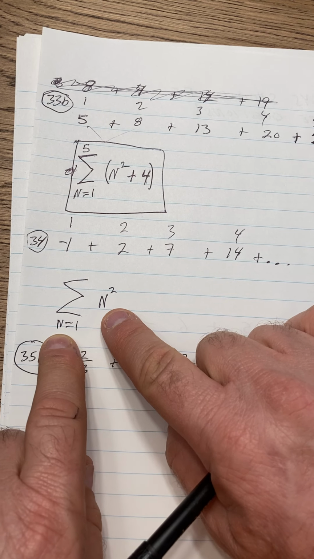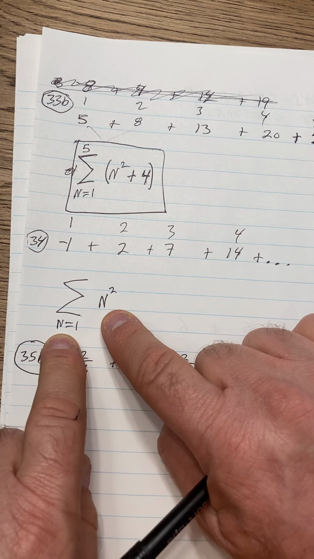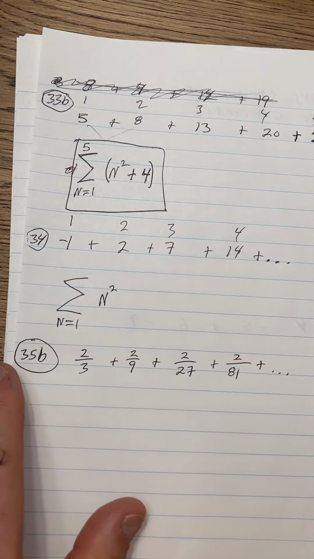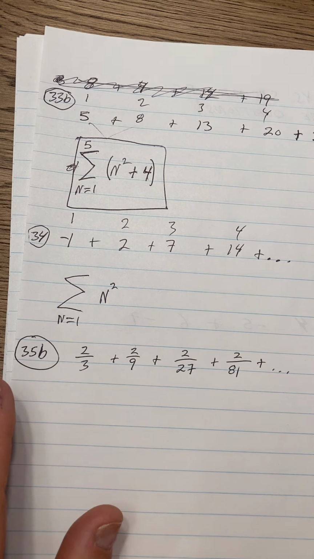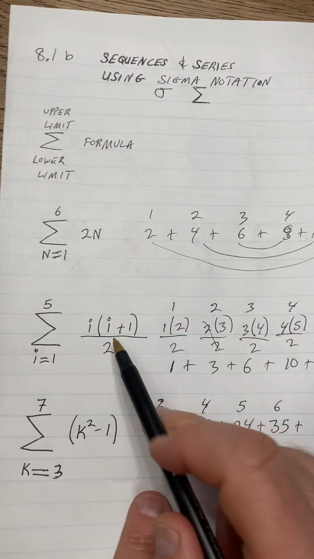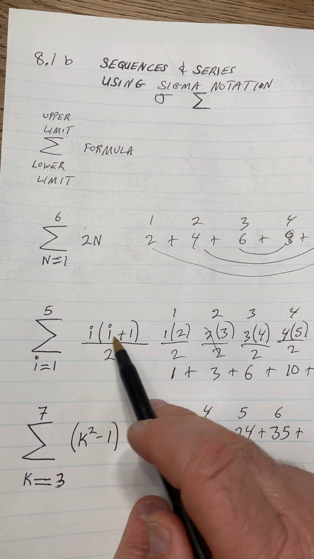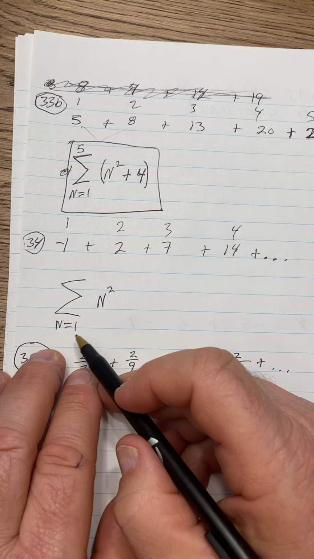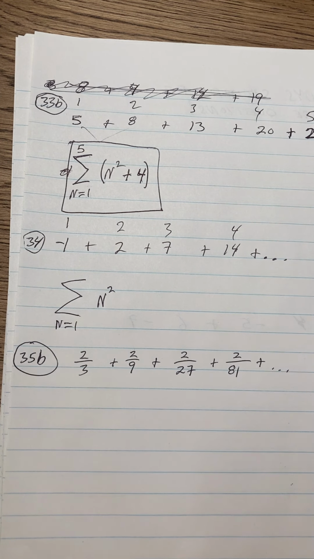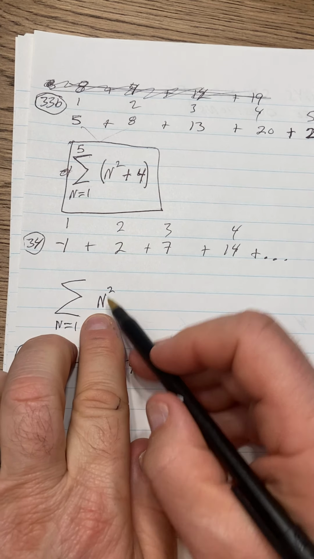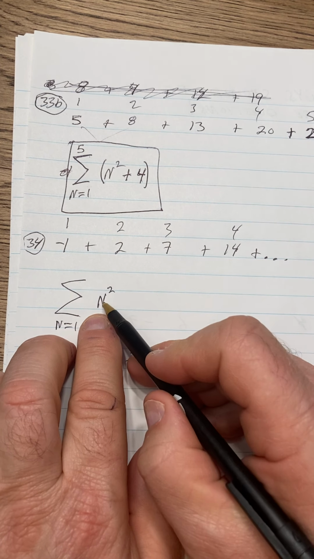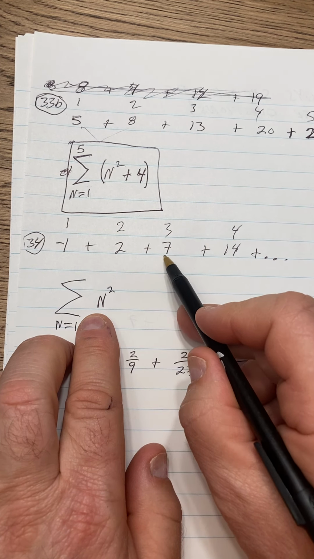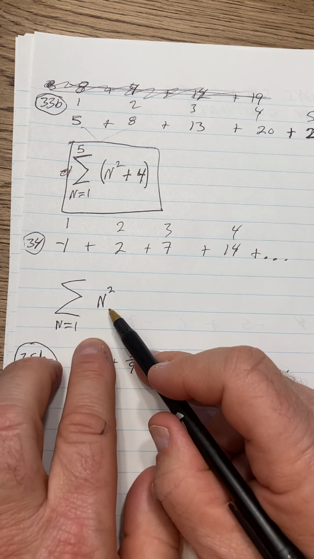I personally would not use the letter S or the letter O. I would not use the letter I because it looks like a 1, and I can be confused that way. I would not use the letter X. Use the letter N a lot, or K. So when n is 1, ooh, so we're adding 3, adding 5, adding 7, so n squared.